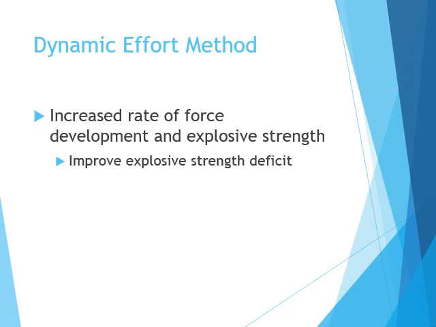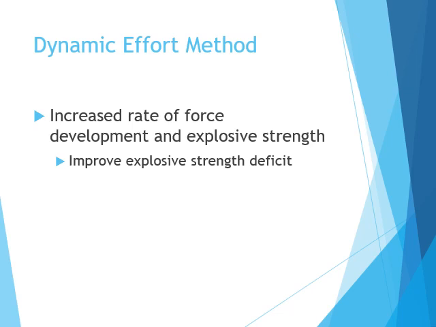The reason why you want such low reps, even at lower percentages, is that the objective here is to move the weight fast. So instead of doing 3 sets of 12, you might do 12 sets of 3 at 40% of your 1 rep max or 50% of your 1 rep max. But the idea is for each set, you're performing those 3 reps with as much speed as possible.